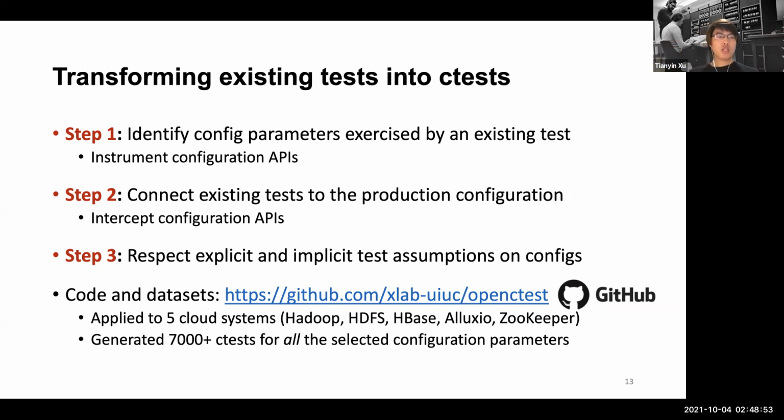The first 2 steps are more about hacking the configuration APIs, so that we can instrument the API to know which test exercises which parameters, and we can feed the configuration we want to deploy to the test, so that they can run on the configurations we care about. Step 3 is more fundamental. It tries to identify and respect those explicit and implicit test assumptions on configs.